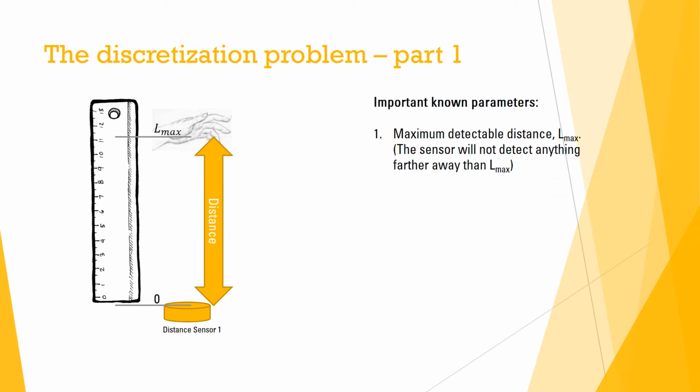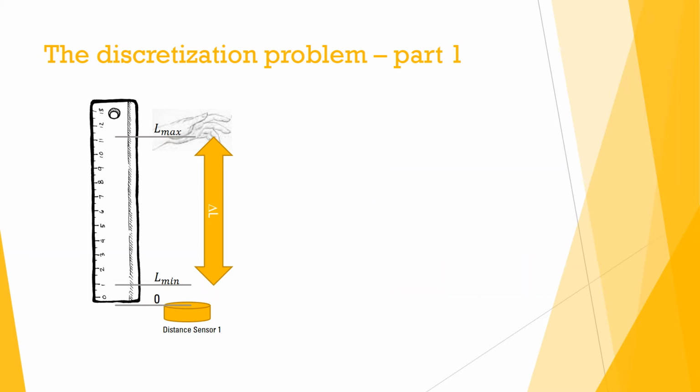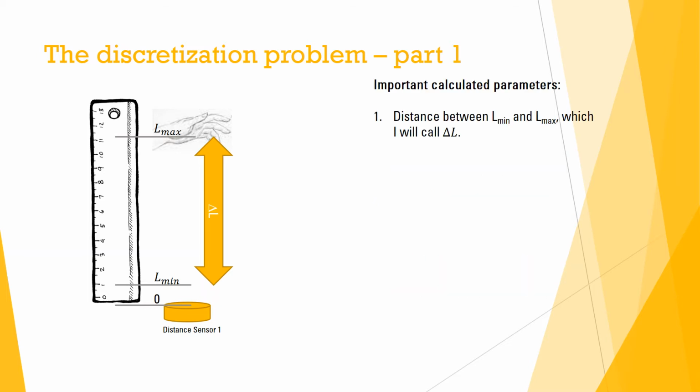So here again are your important known parameters: your maximum detectable distance, your minimum detectable distance, your precision, delta L, and now you need to figure out how to use these parameters in order to discretize your device for optimal operation. So what do you calculate?